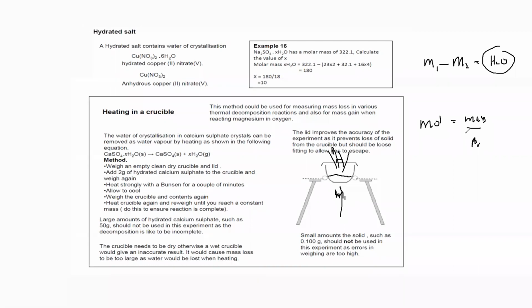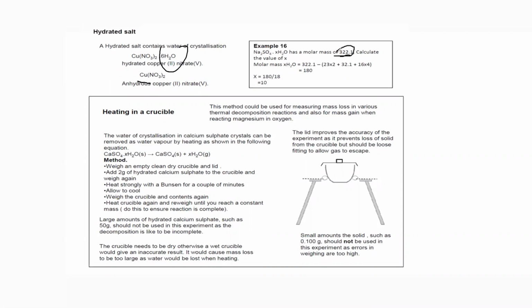So this is a technique which is used to find the moles of water first, and using the moles we can find the amount of water which is released, and that amount or moles of water shows the water of crystallization. Then we can simply take the simplest ratio. If we know the mass of anhydrous, we can take the simplest ratio. As you see in this example, sodium sulfate dot XH2O has a molar mass of 322. When we subtract the mass of the water molecules, this is the mass of hydrated.